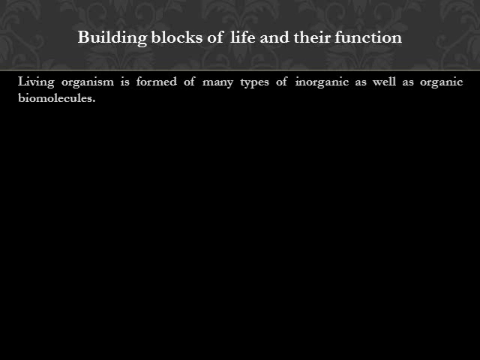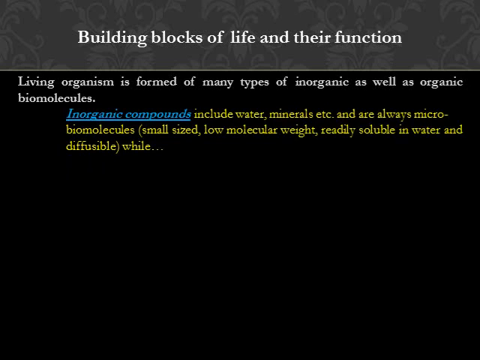Number one, inorganic compounds. Inorganic compounds are not structural components of our body or cell. They include water, minerals, etc., and are always micro biomolecules, so small sized, low molecular weight, and readily soluble in water or diffusible.